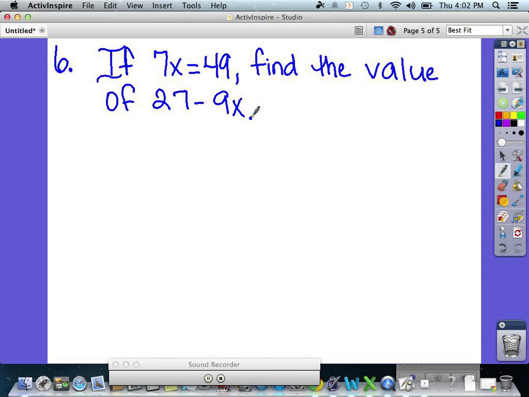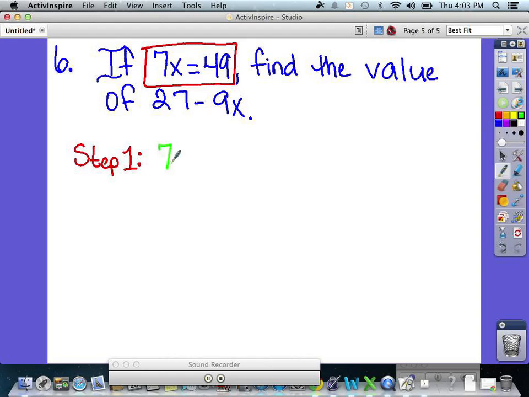The first thing that you have to do here is find out what x is. How are we going to find out what x is? We do have an equation. Anytime you have an equation, you can find out the value of your missing number or your variable. So the first thing that I'm going to do is find out the value of x using the equation that is given.